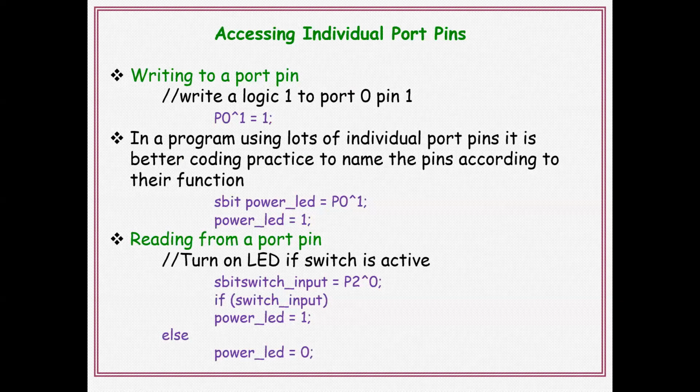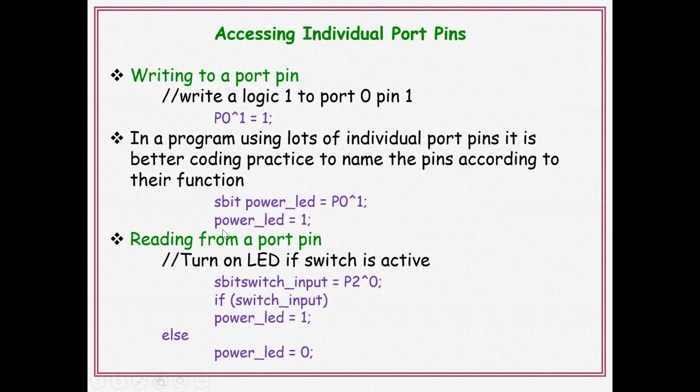In a program using a lot of individual port pins, it is better coding practice to name the pins according to their function. For example, P0.1 is the power LED. Assume that it is connected to the power LED.